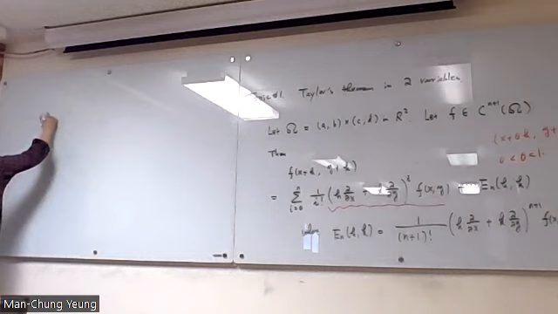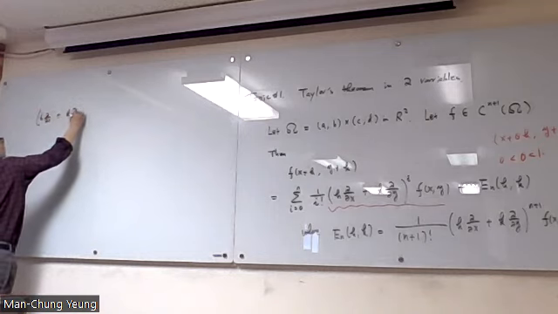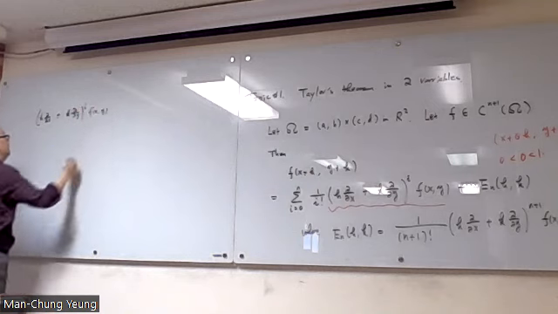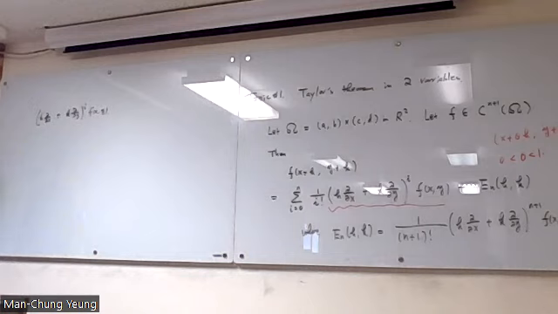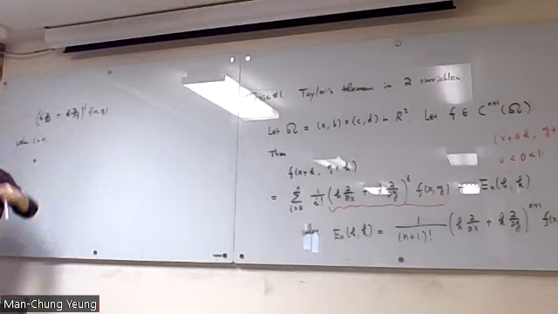When I is 0, the power is 0, so something to the power 0 is 1, and this equals f itself.